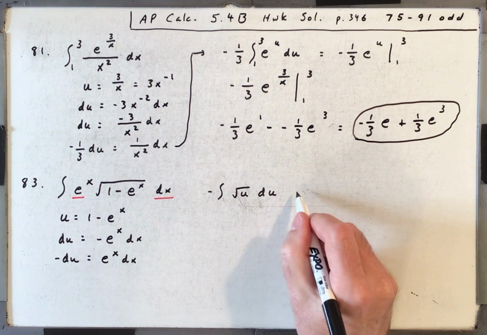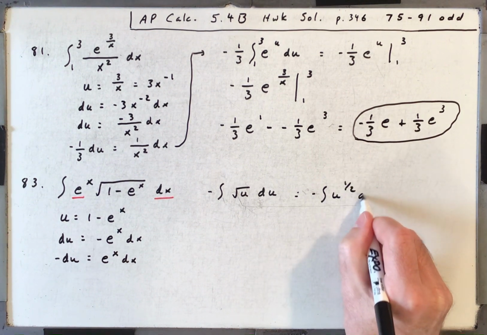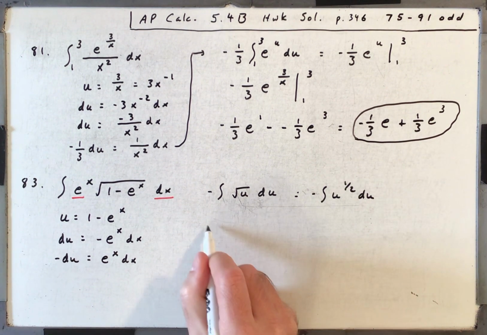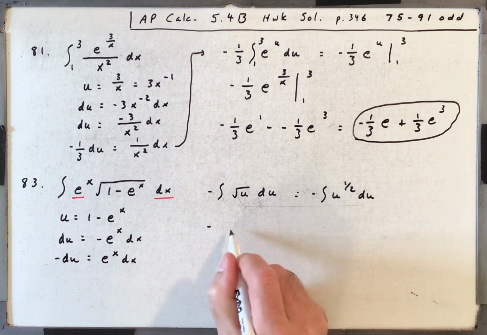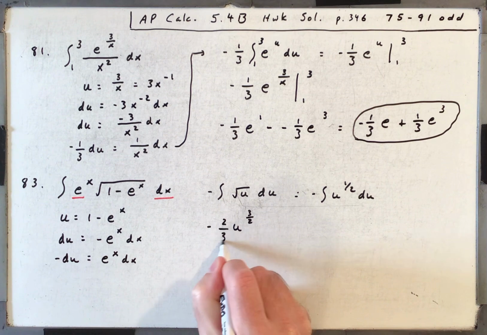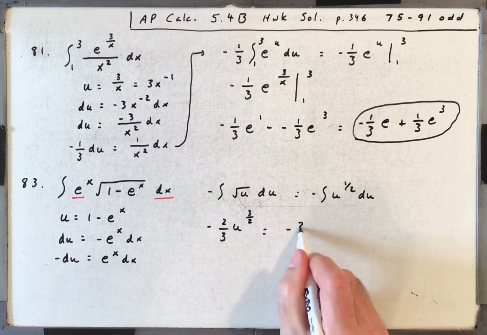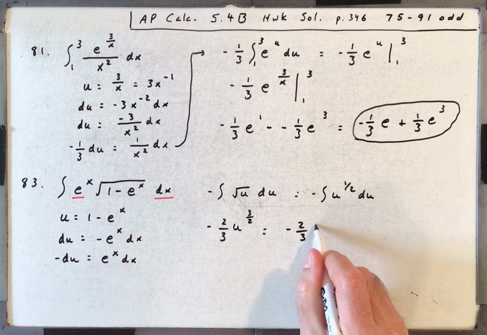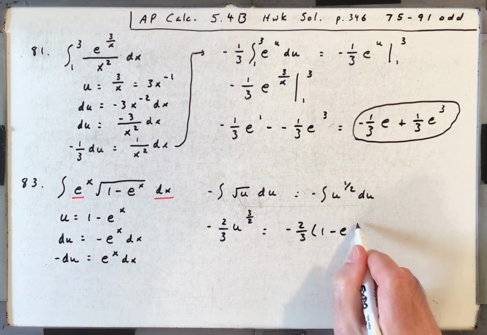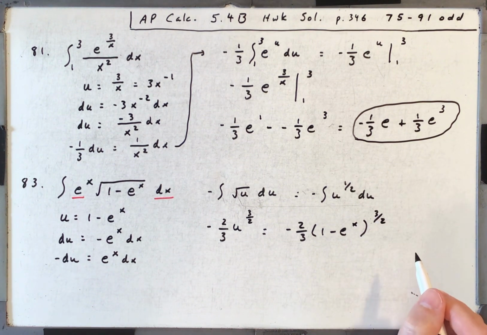So that's going to be the negative out front, u to the 1/2 du. So that would be negative, and then it would be u to the 3/2, but I need a 2/3 out front. All right, so that'd be negative 2/3 times 1 minus e to the x to the 3/2 power.